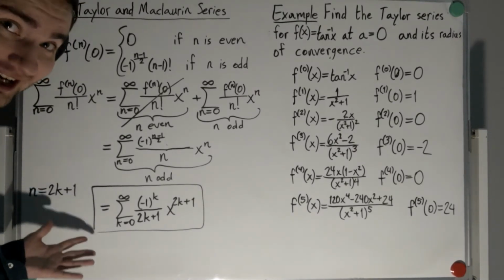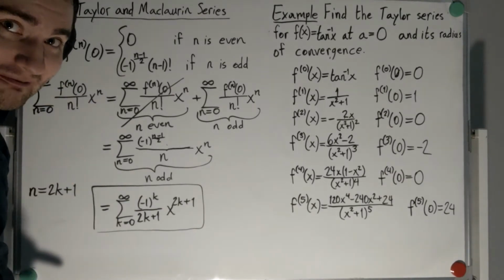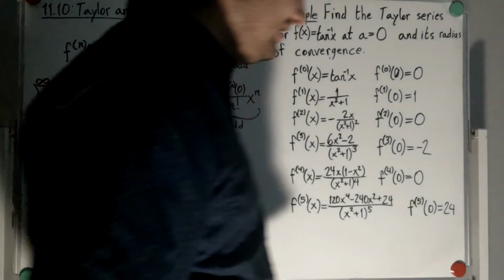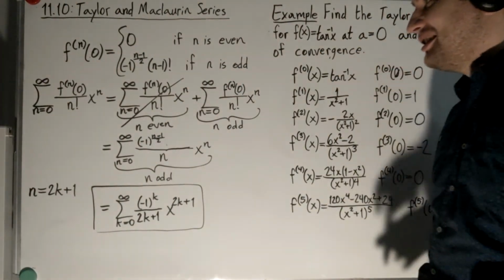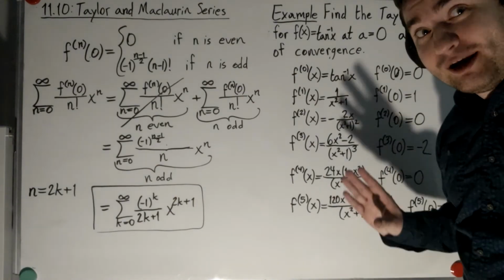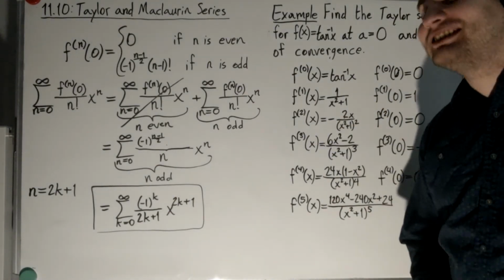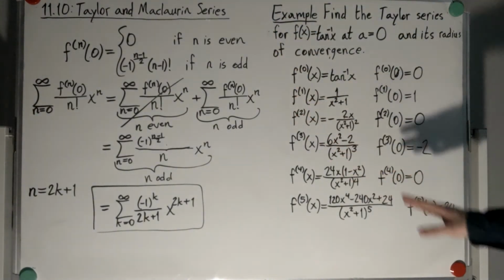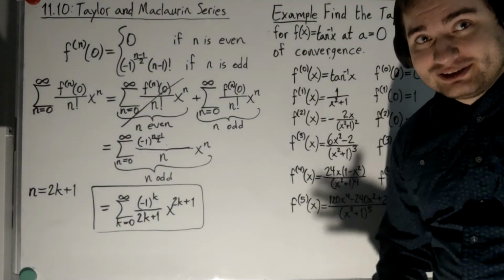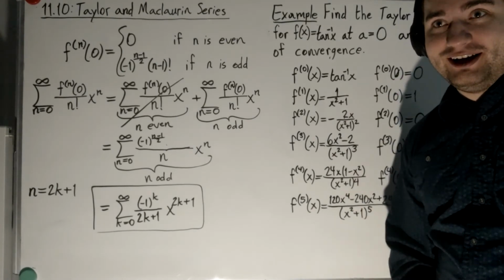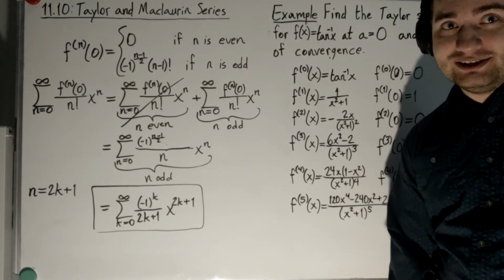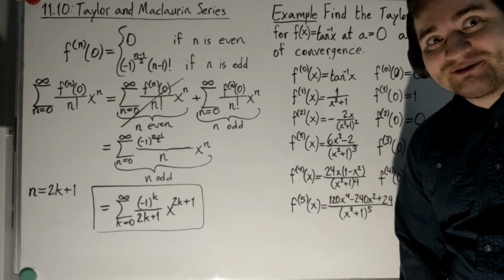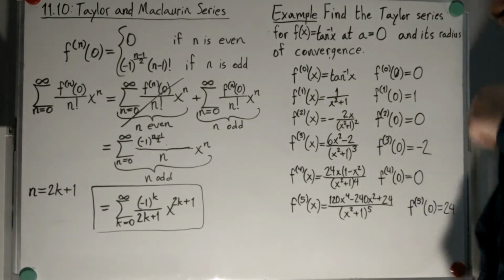This is the same result as what we got in the other lecture, I think the last lecture, 11.9. It's the same power series representation, but as you can see, this method is a bit harder. Okay? So, yes, with the Taylor and Maclaurin series, you can use this method to come up with any power series representation as long as it exists, but it might not always be the most convenient choice.